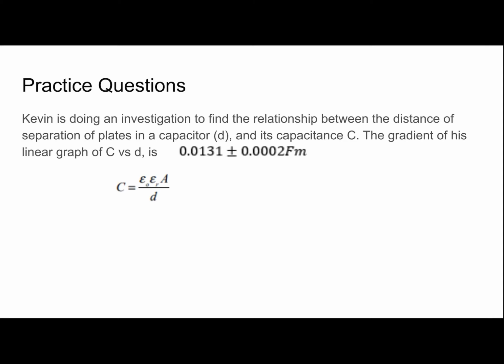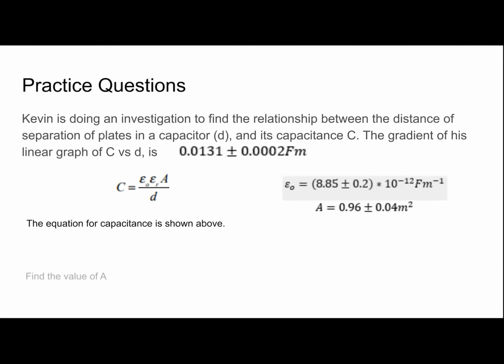Our capacitance is equal to E naught ER A over D. And our E naught, which is our permittivity of free space, is 8.85 plus or minus 0.2 times 10 to the power of negative 12 farads per meter. And our area is 0.96 plus or minus 0.04 meters squared. So the equation of capacitance is shown above.